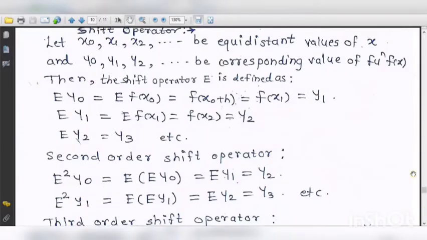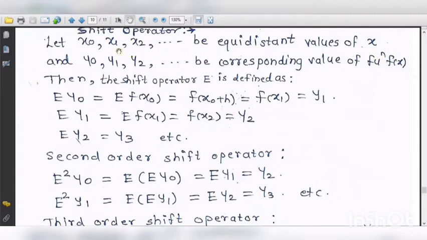The shift operator is denoted by E, capital E. Now what is its definition? Again here we need the equidistant values of x. As you know, here we have taken x0, x1, x2 and so on with the equidistant values of x.